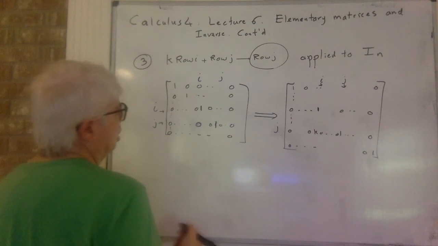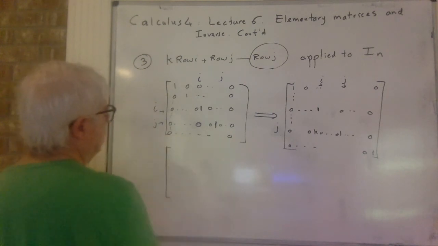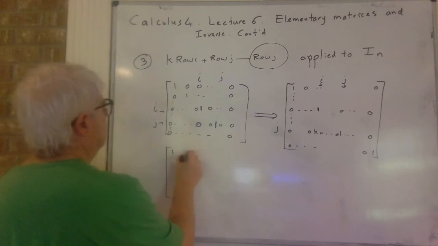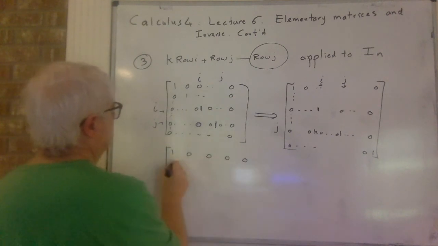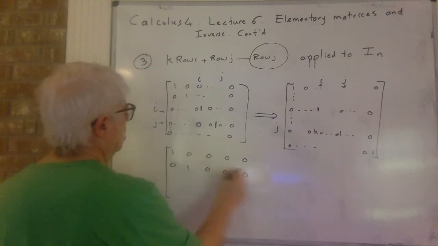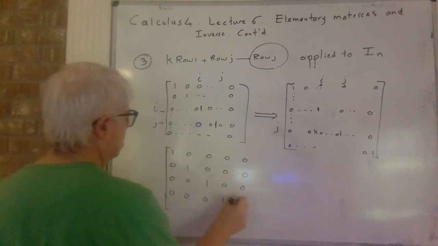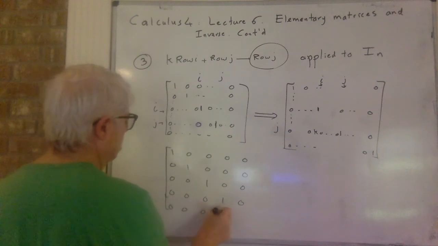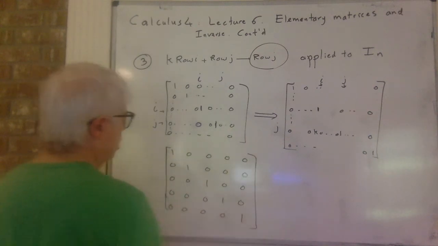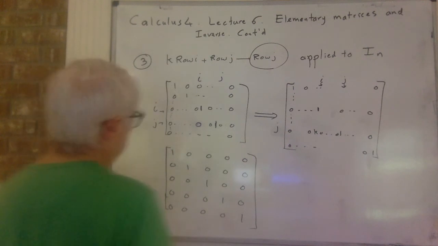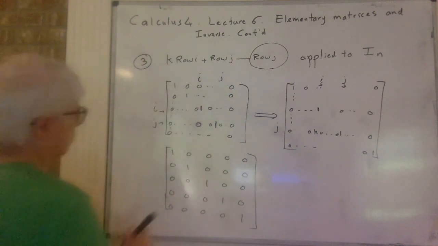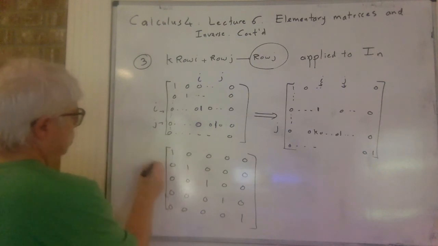But let's apply it explicitly to I5. So this is I5, and let's apply this to I5. Let's take row 2, so i is 2, and let's say j is 4.